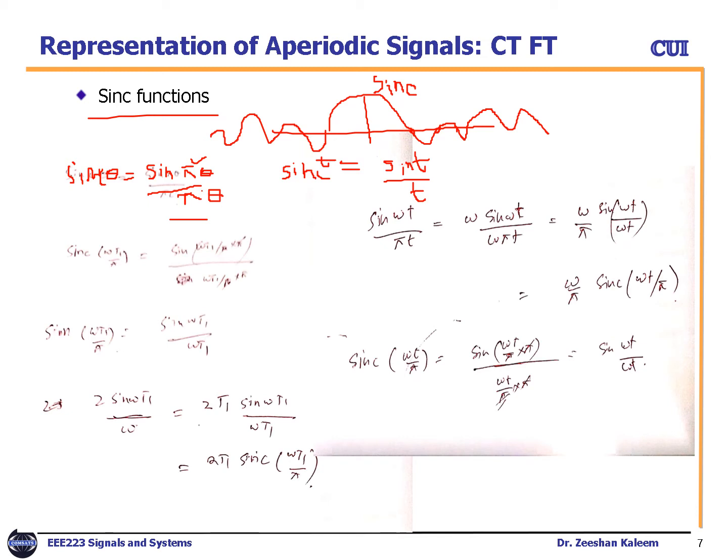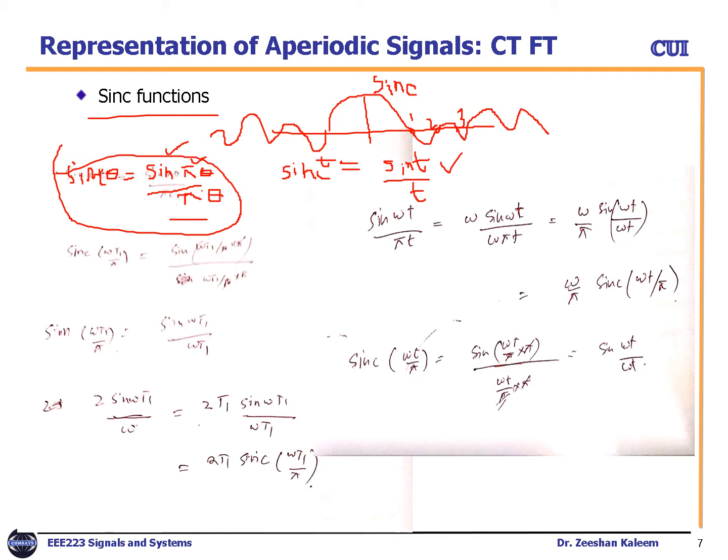At these points, for the normalized case, you will get integer multiples, for example 1, 2, 3, and so on. Whereas for the non-normalized case, you will get some pi terms here, right? So this will be a major difference. So we will focus on the normalized case, sinc theta equals sine pi theta over pi theta.